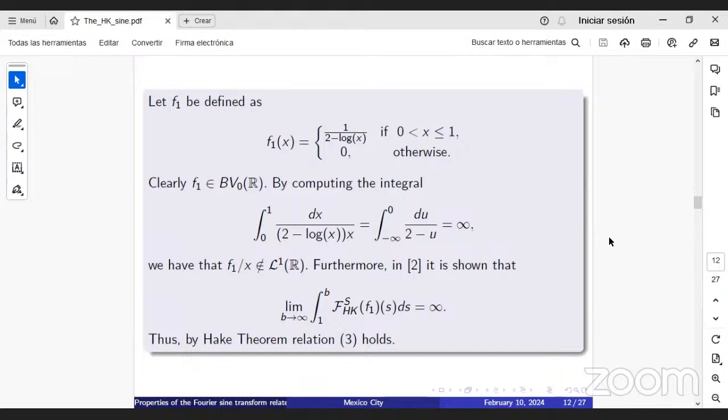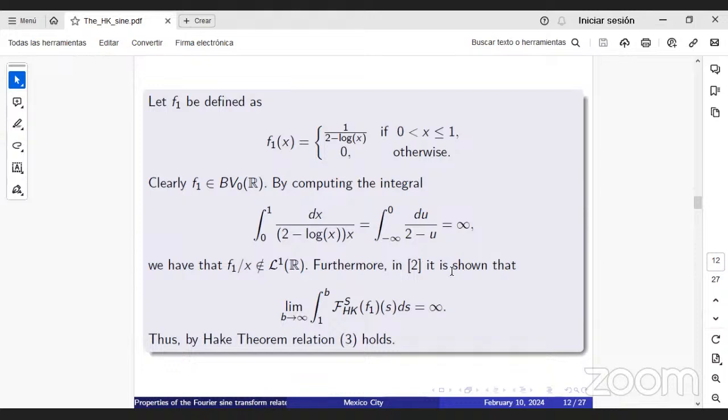A computed integral is not convergent. We had that f over x does not belong to the Lebesgue integrals.